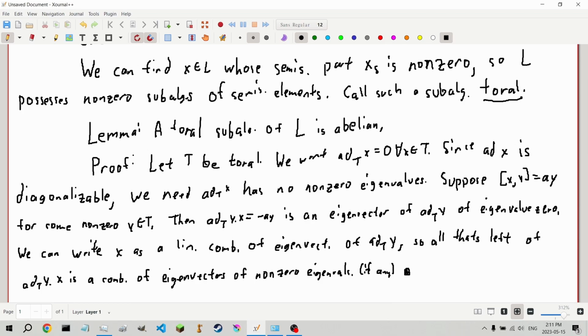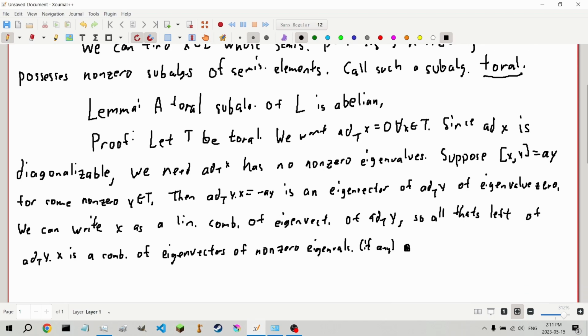Now, as with all of these certain types of subalgebras, it seems we have a maximal one.